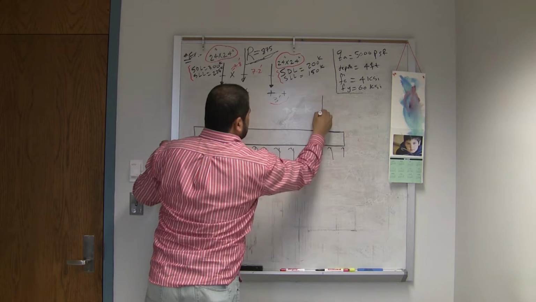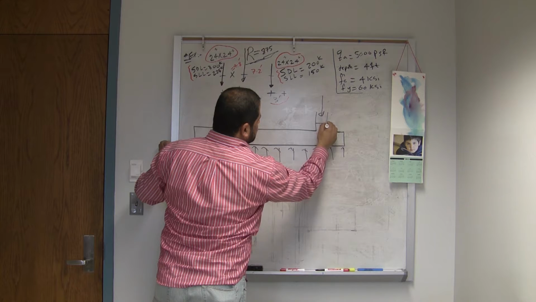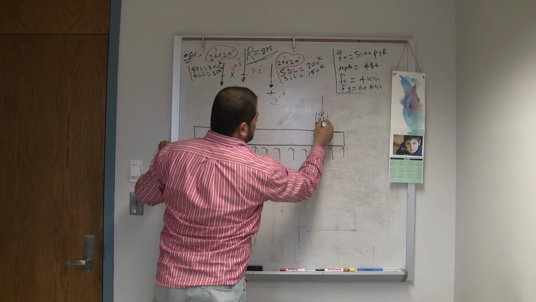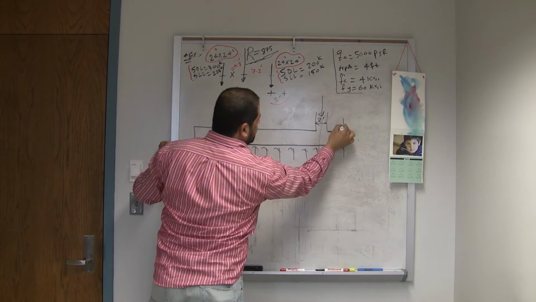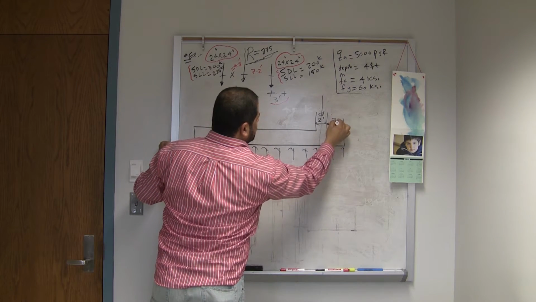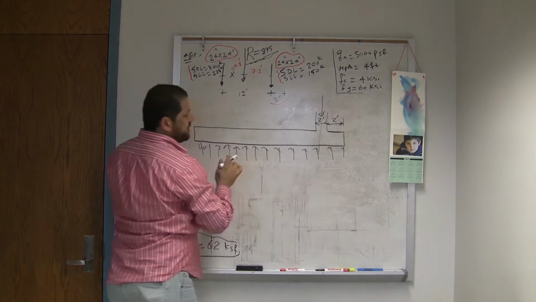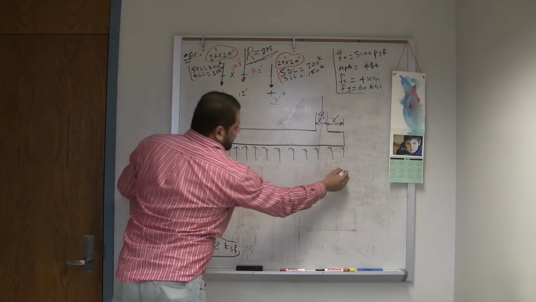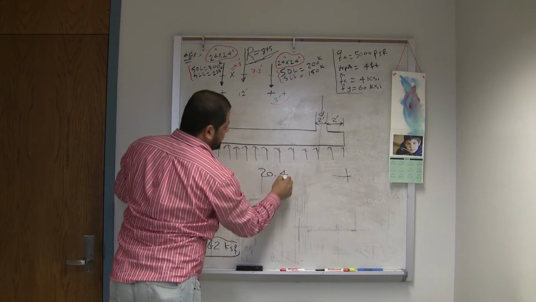That's the first column. Its width is 2 feet. And the distance from the center to the outside is also 2 feet, because the distance to the center is 3 feet, 2 plus 1. The overall length is 20.4.